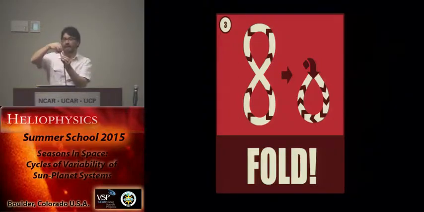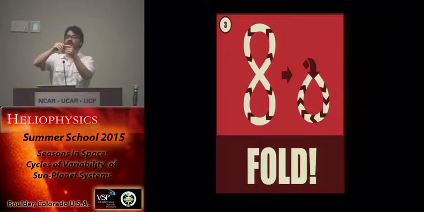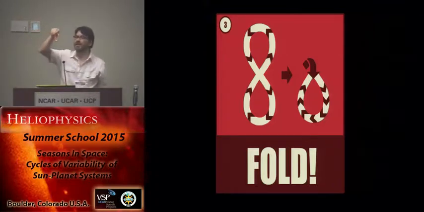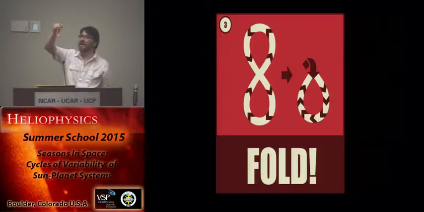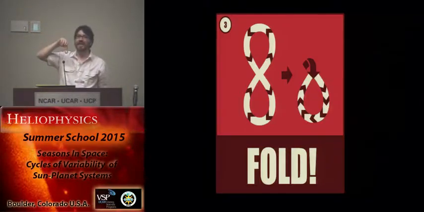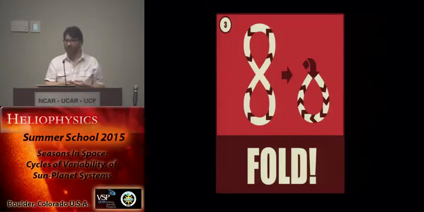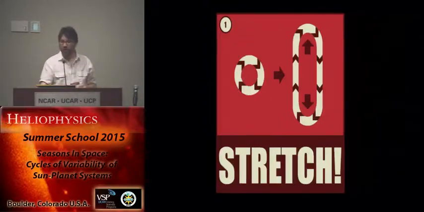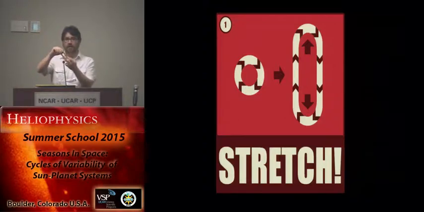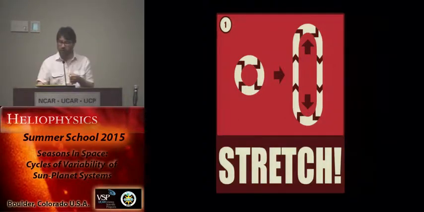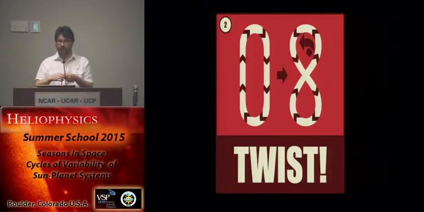So now you have a structure that is the same original size, but you have twice the amount of flux. That's basically the conversion of kinetic energy into magnetic energy. So it goes again, right? You stretch it, you twist it, and then you fold it.